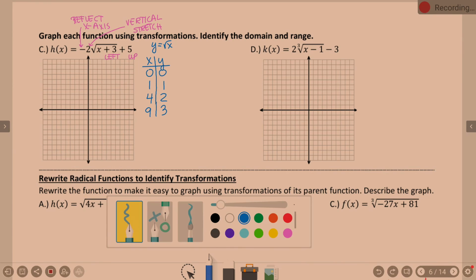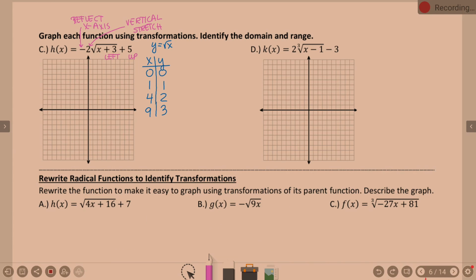Now, here's the deal. To do a stretch or compression, you just take whatever the y value is and multiply it. Because there's a reflection here, I can just go ahead and multiply by negative 2. So I'm going to take all my y values, multiply by negative 2, and extend my chart.